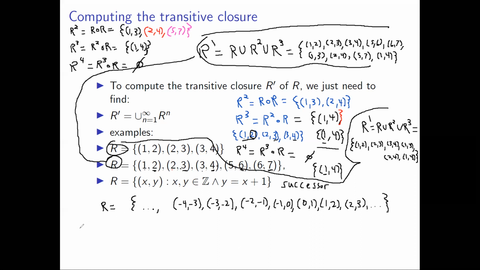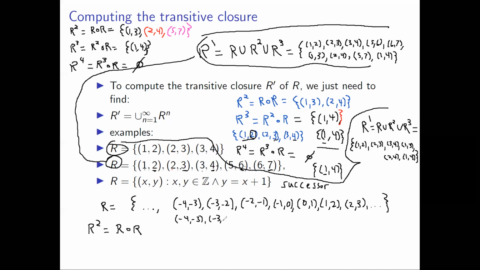Now, if we want to find R composed with R to give us R squared, let's take another copy of R below there. So I'll just write the same thing.